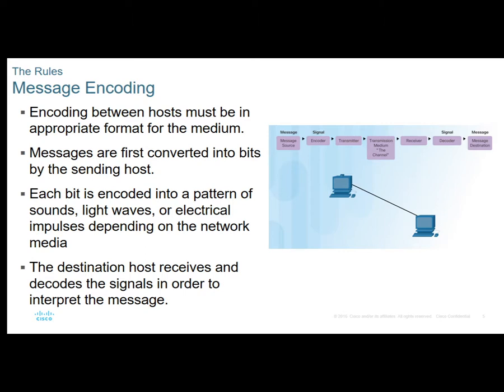Each bit is encoded into a pattern of sound, light waves, or electrical impulses depending on the network media, so it depends on the media itself. The destination host receives and decodes the signal in order to interpret the message. So basically you put it out there, and on the other side, it's received and interpreted.